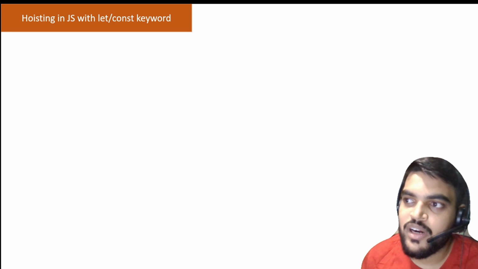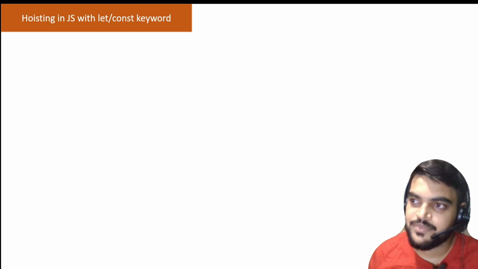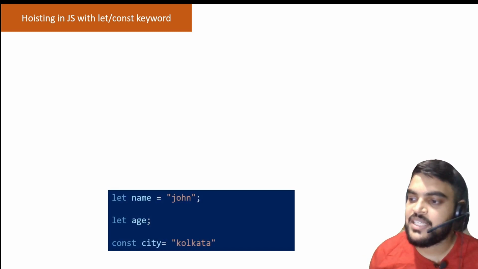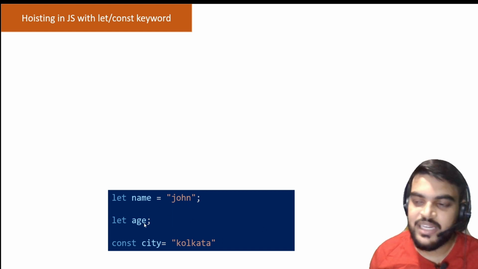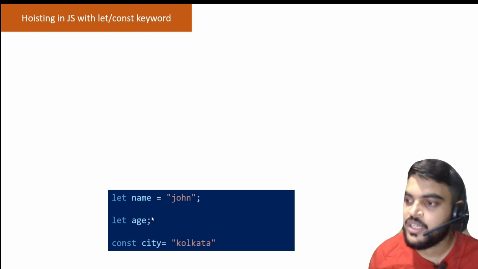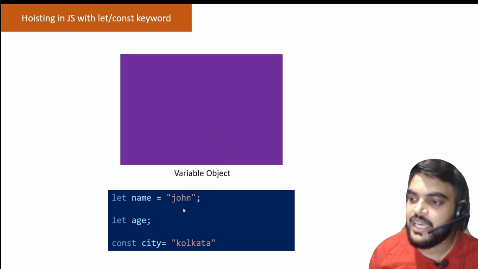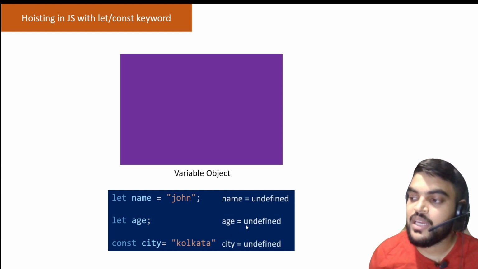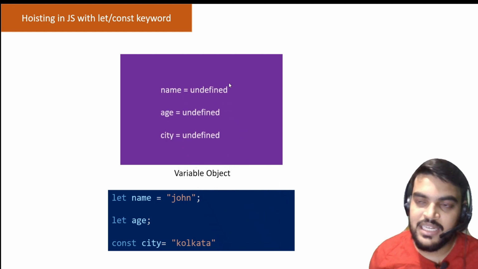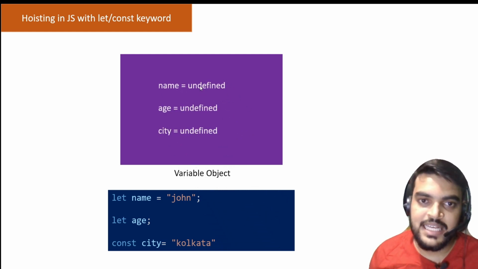Okay, let me show you now what happens for the let and const keywords. So in let and const, let's say here I have name, age and city. I'm now using let and const, I'm not using var here. Now again my variable object, you can see, will scan my code and find that I have three variables: name, age and city. They will be added as properties in the variable object and set to undefined. The value would be undefined. It will be part of the variable object as a property, right?